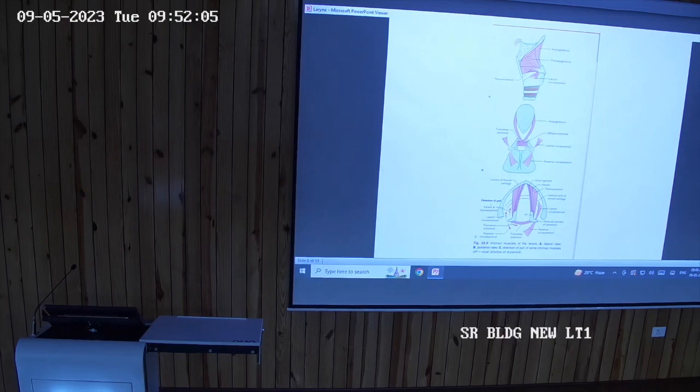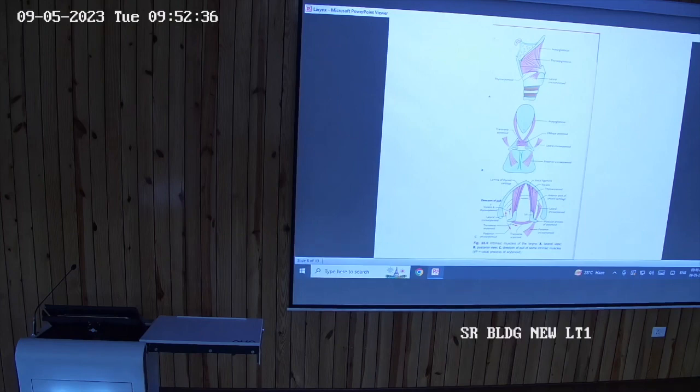When we expire the air, that air forces against the tense vocal cords. As the air comes over the tense vocal cords, the vocal cords vibrate. Due to vibration of the vocal cords, sound is produced. So these are the functions of the intrinsic muscles of the larynx.